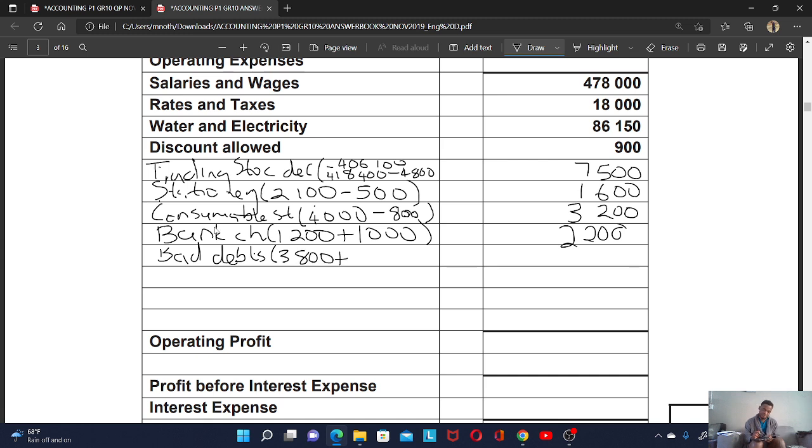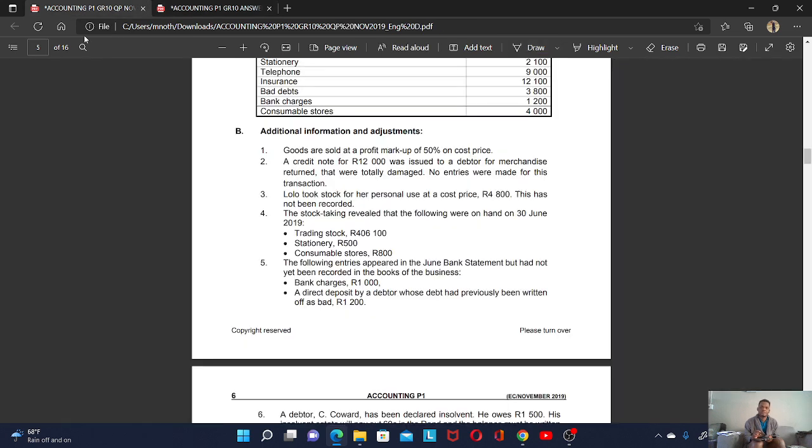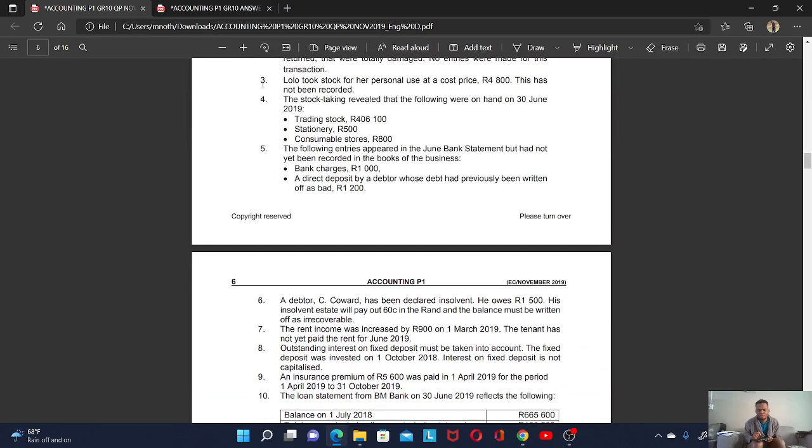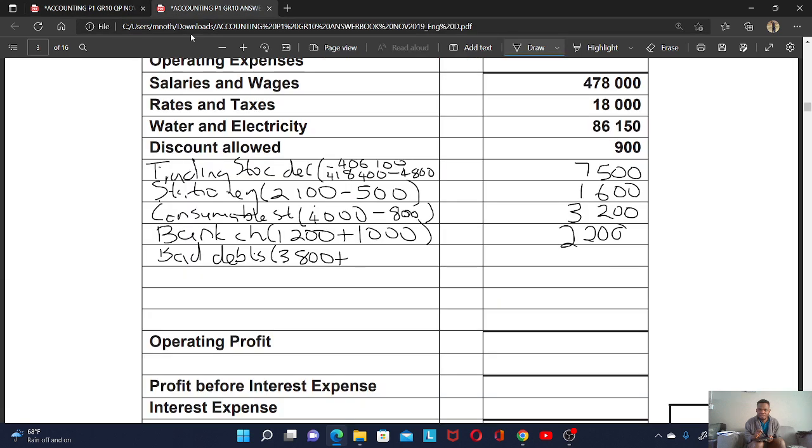So now we have the new bad debts. But let's look at this first. We are told that his estate pays 60%. This means that 40% will be written off. So he owes how much? 1,500. So we need to calculate that 40%.